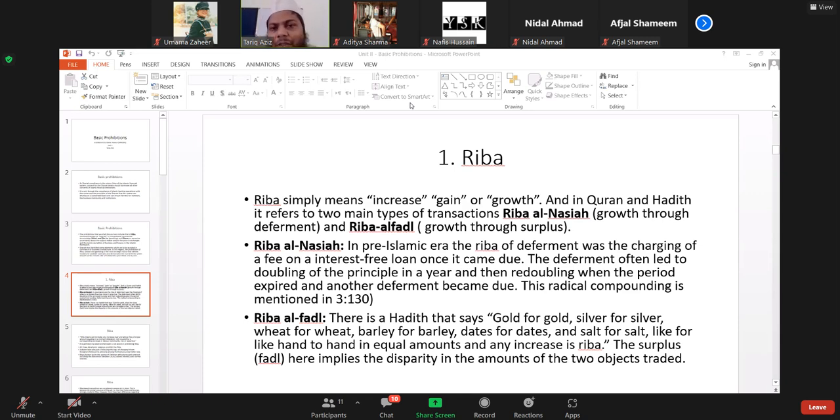But in conventional borrowing and lending, there are two concepts: fixed rate of interest and floating rate. Floating rate of interest is actually related with inflation and with the interest rate announced by the RBI.